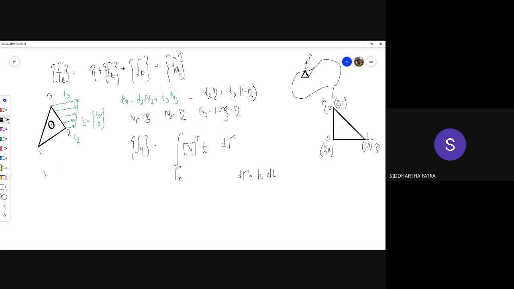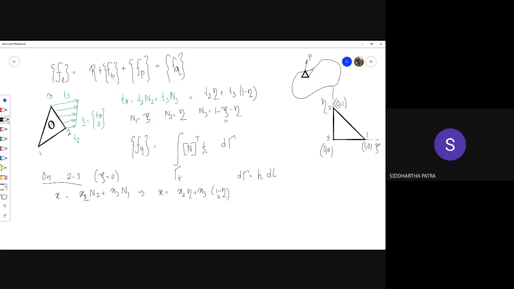Now on 2 3, x is basically x1 n1 plus x2 n2 plus x3 n3. So this is the advantage of using an isoparametric element. So basically same shape functions. Now again, if you use the idea that xi is 0 on the line 2 3, this basically boils down to x2 times eta plus x3 times (1 minus eta).